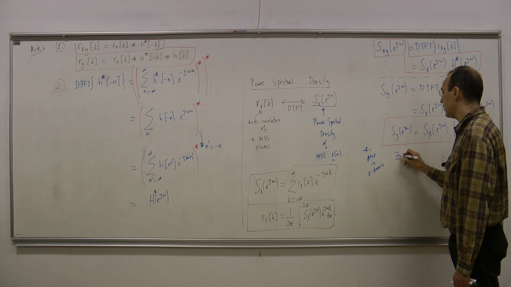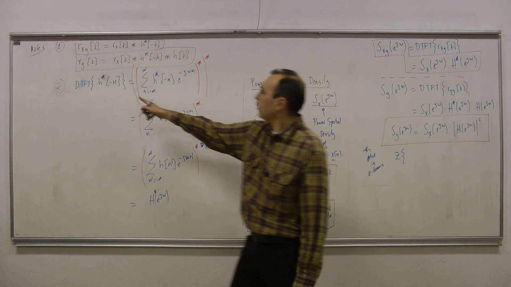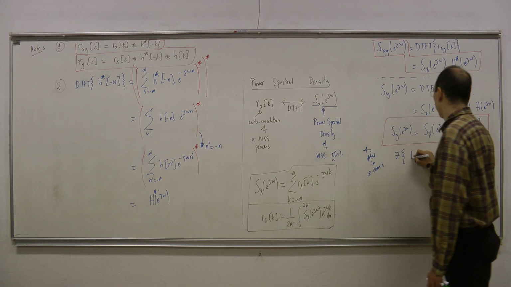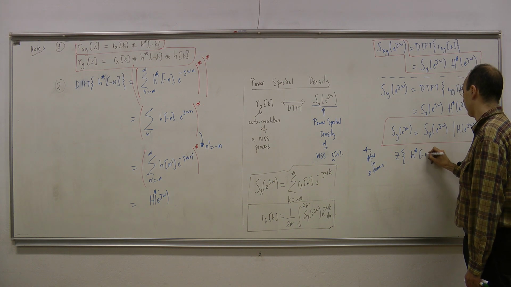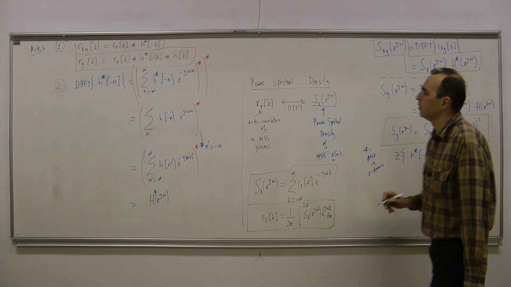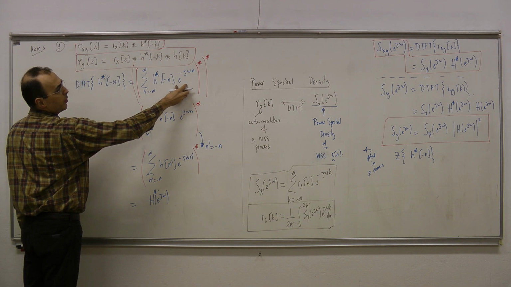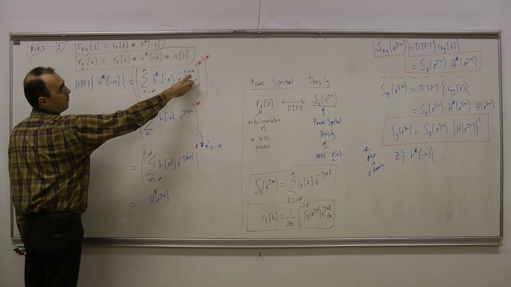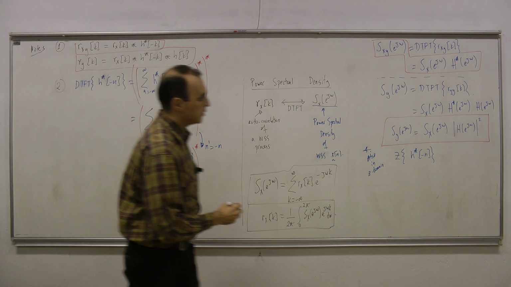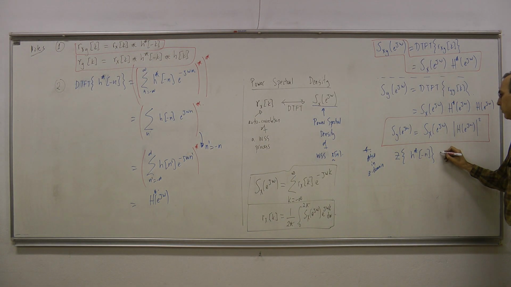So what is the Z transform of h conjugate minus n? I can do this calculation. I'll be writing here z to the minus n, and I'll be writing these conjugates. And the final result will be, let me think, this is H conjugate of 1 over z conjugate.